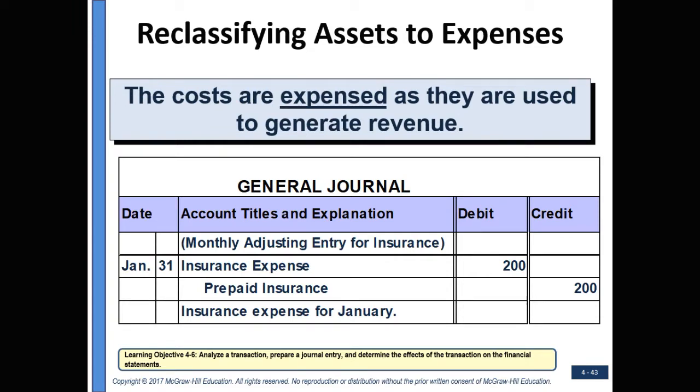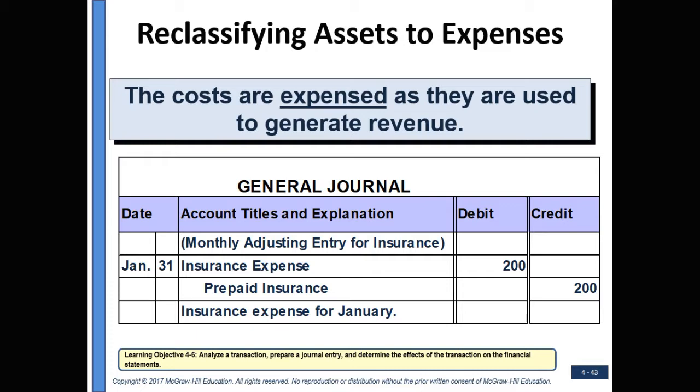As time passes, the insurance premium is expensed. Each month, the insurance expense account is debited and the prepaid insurance account is credited for $200 respectively. This is the amount of insurance that has expired, been used, been consumed.